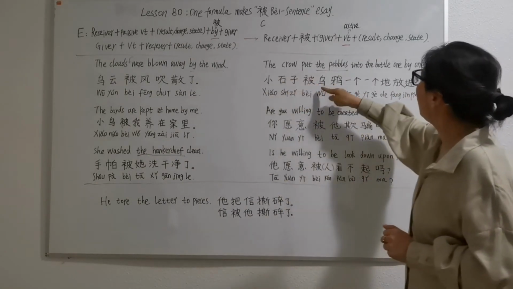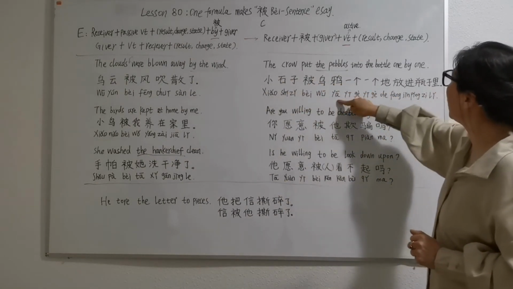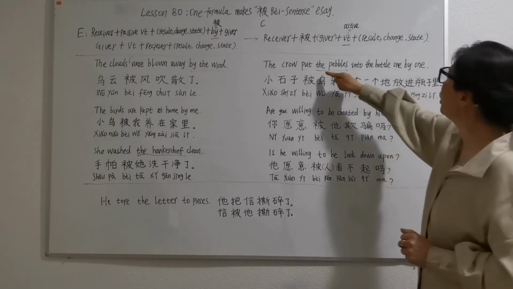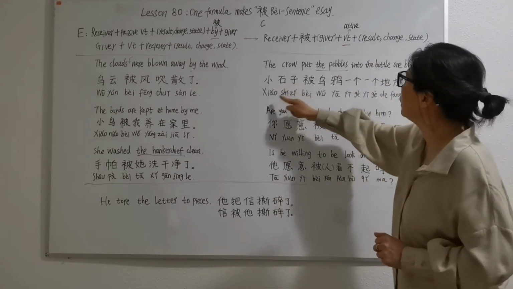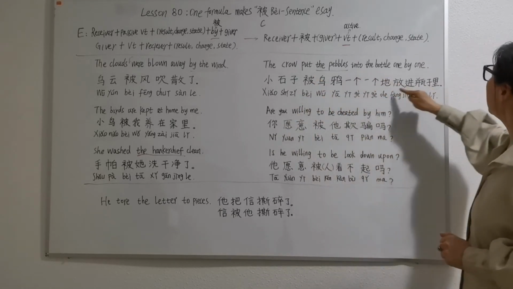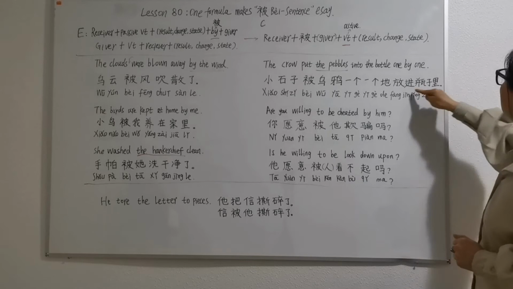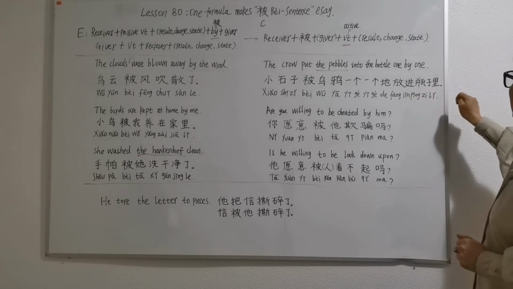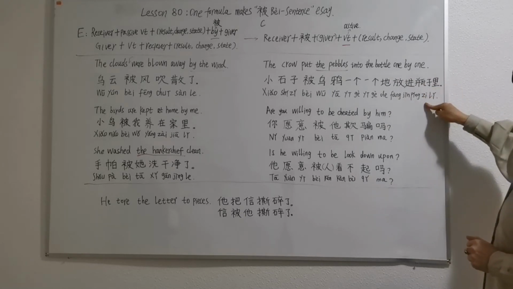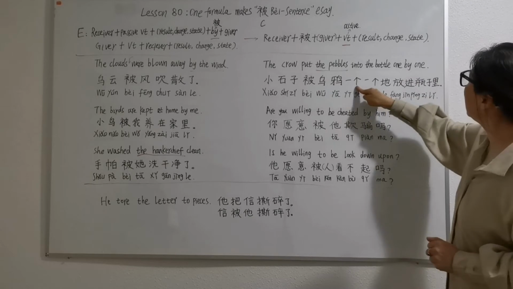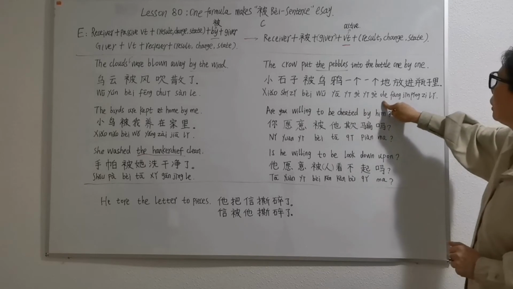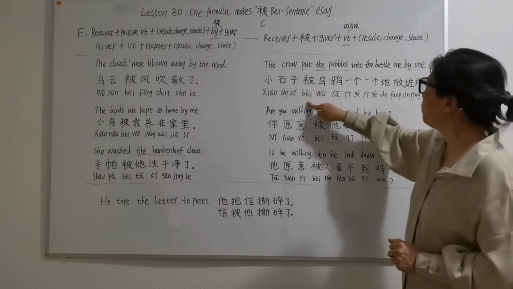The crow 乌鸦, put 放, the pebbles 小石子, into 进, the bottle 瓶子, one by one 一个一个的.